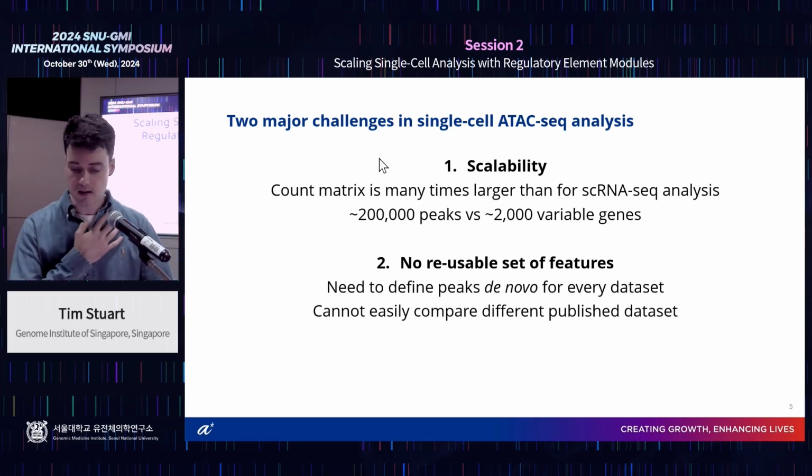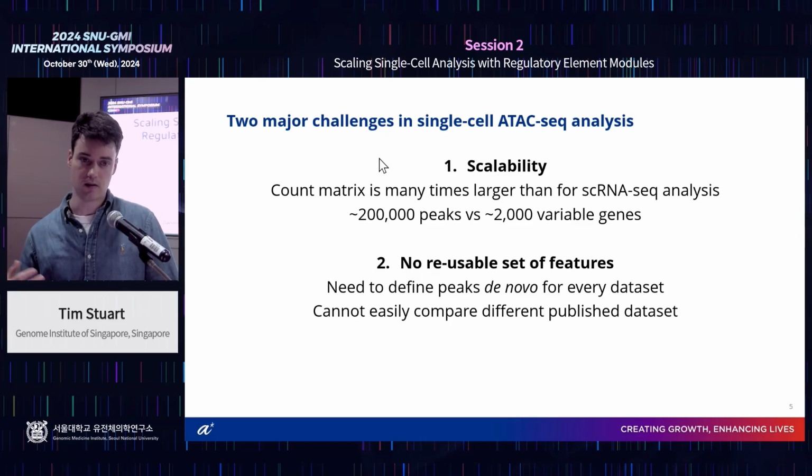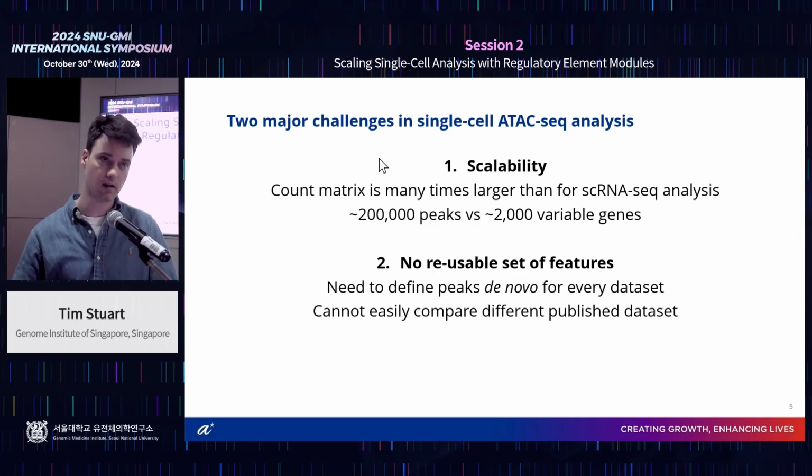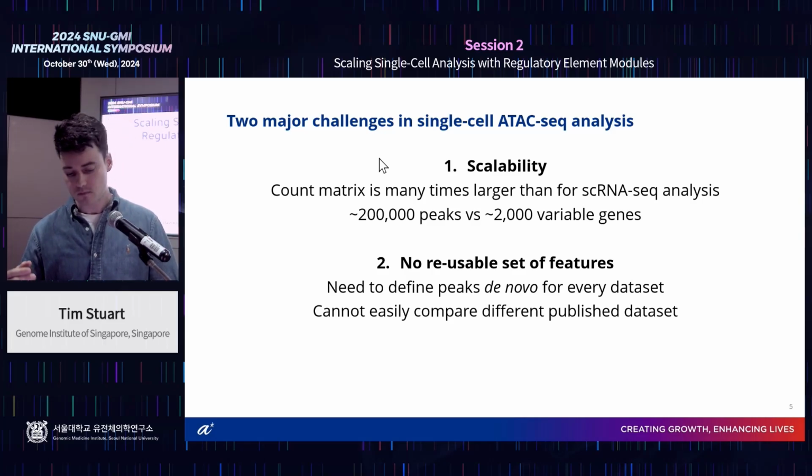And then the second challenge is that we still really don't have a set of reusable features for ATAC analysis. If you do single-cell RNA-seq, you know what your genes are, you always quantify the same genes, right? But we don't really have the equivalent for ATAC, and so the current workflow for analyzing this type of data really starts with doing de novo peak calling on each data set.